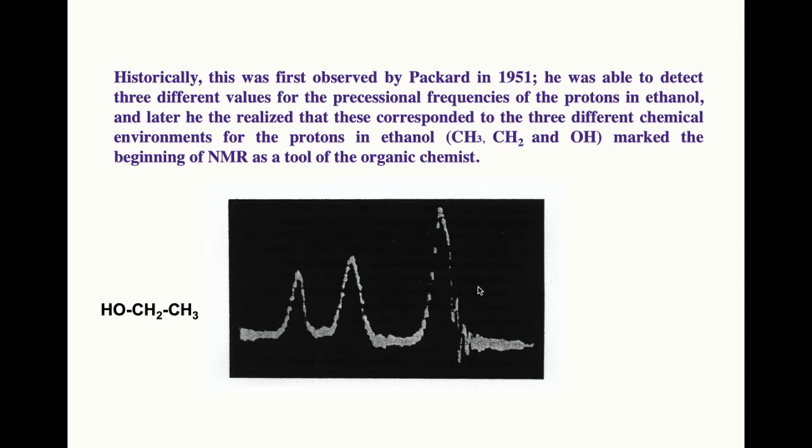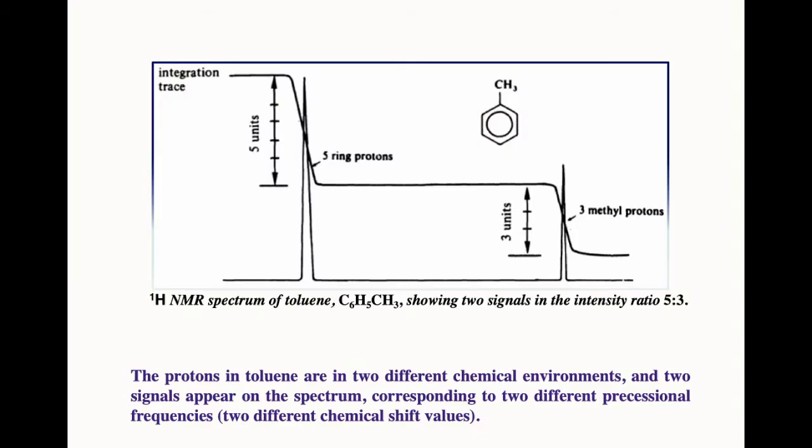This is the ethanol spectrum which was recorded initially, and later he realized that the 3 different types of protons correspond to the OH proton, the methylene proton, and the methyl proton. That was the understanding later on, but initially they had no idea how this chemical shift actually arises. Of course, it was systematically standardized and studied.